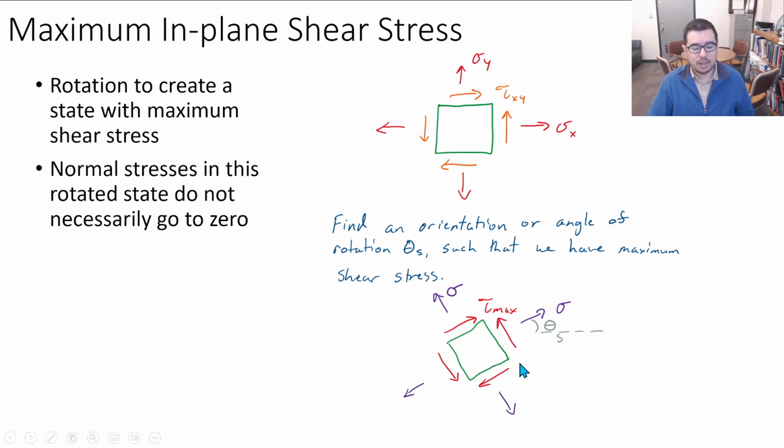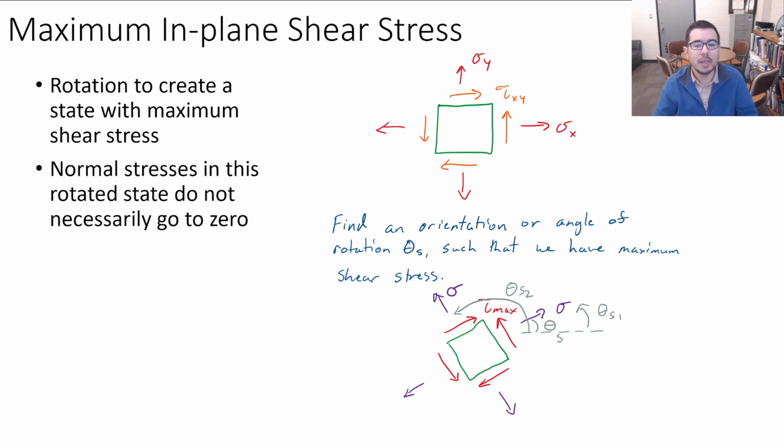So here we have an orientation that we could call rotated by theta s, and we might say we've rotated theta s1 here to get our maximum shear stress, and we can also rotate 90 degrees from that so that we get a shear stress that we still consider maximum. It could actually become a minimum, because when we rotate 90 degrees we go from a positive tau max to a minus tau max.